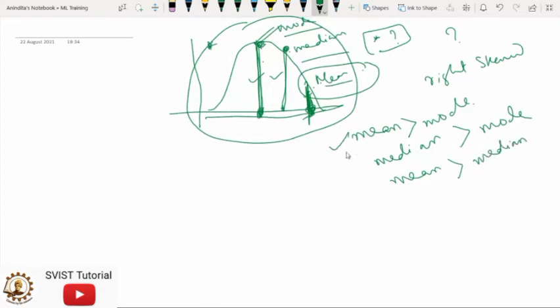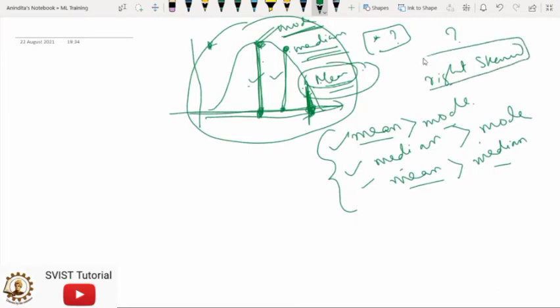See, these three cases are happening over here, right? Check. Mean is greater than mode, median is greater than mode, and mean is greater than median. You can see these values in the x-axis, then you can identify. So whenever these three conditions hold, then the plot should be right skewed.